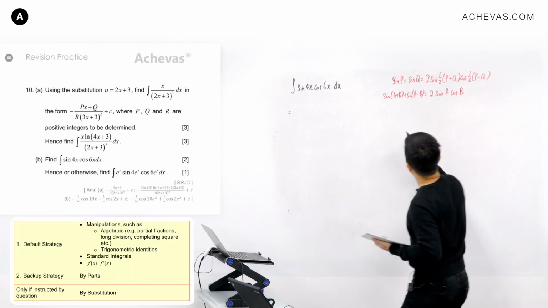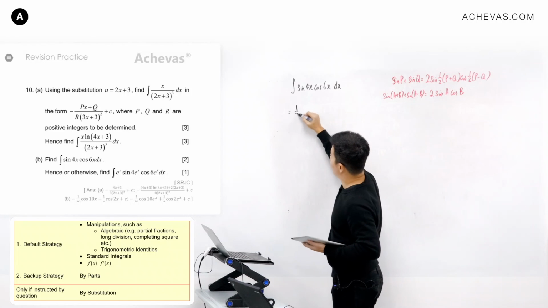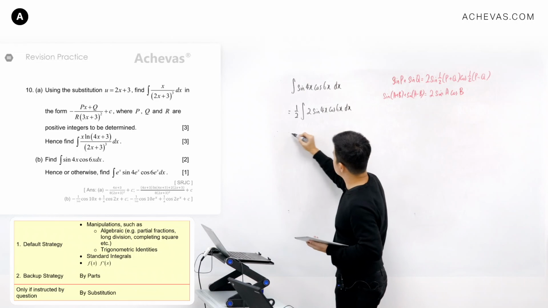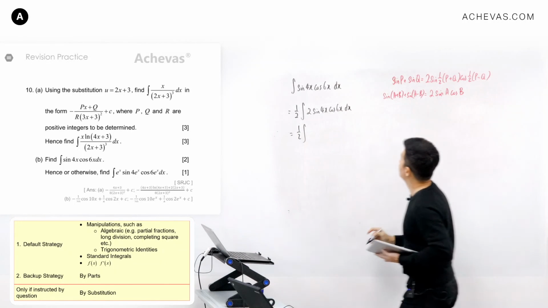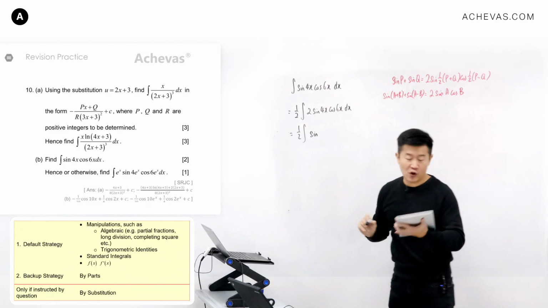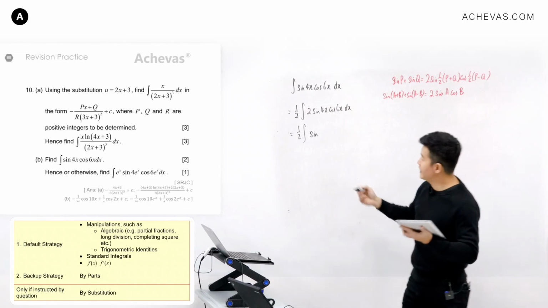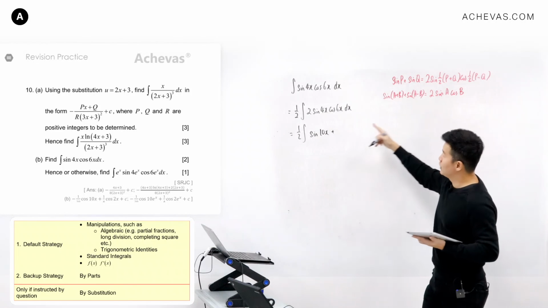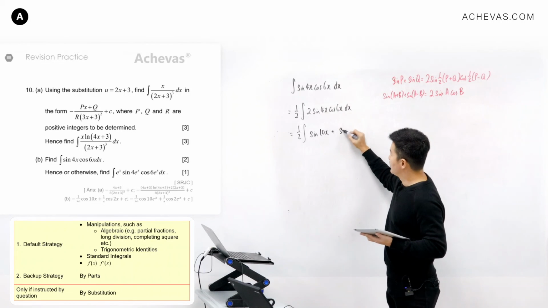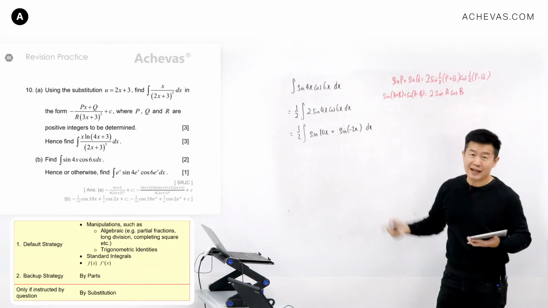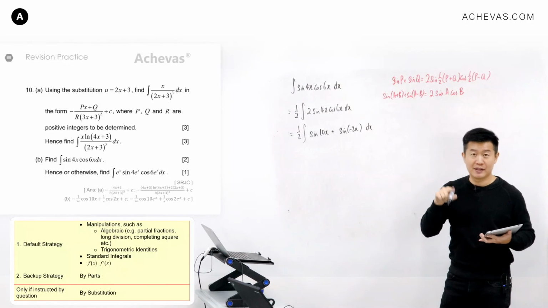So for this, I can now replace, if I were to go for half outside, then I can have 2 sine 4x cosine 6x dx. And if I were to apply this, it will become sine of (4x + 6x), sine of 10x, then plus sine of (4x − 6x), which will become sine of minus 2x dx.